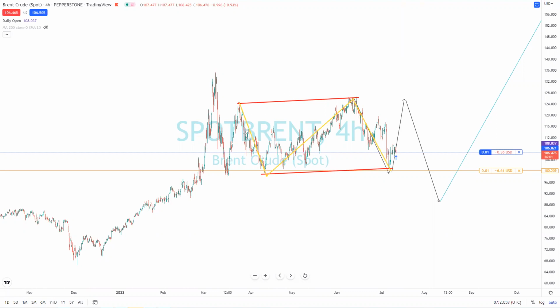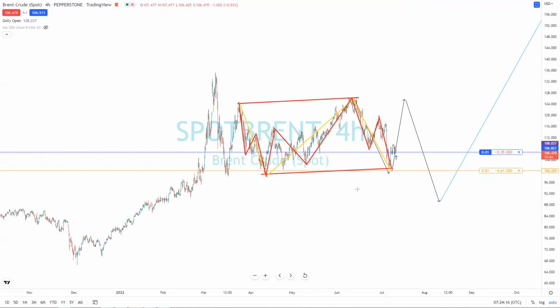One could say that this is wave 1, 2, 3, and this is wave 1, wave 2, and wave 3. This here also is a wave 1, wave 2, and wave 3.